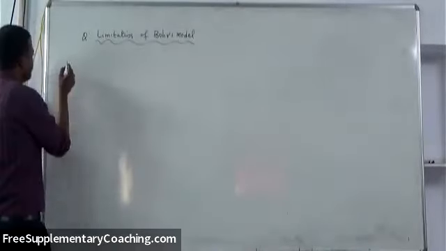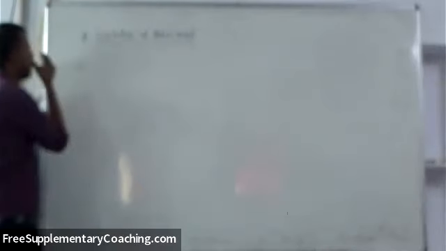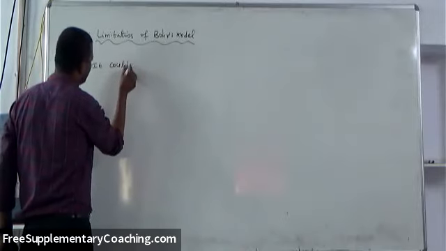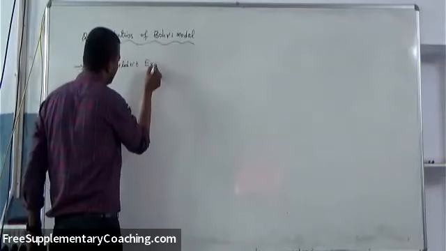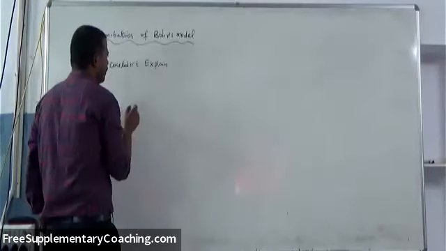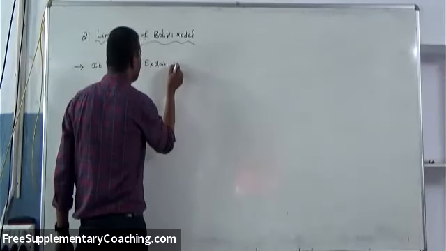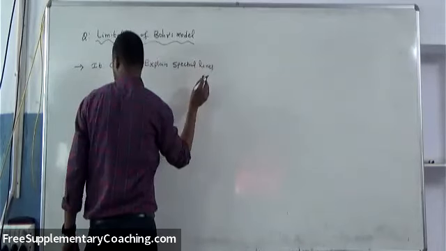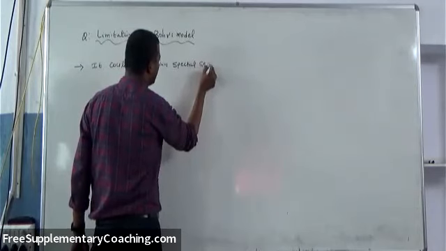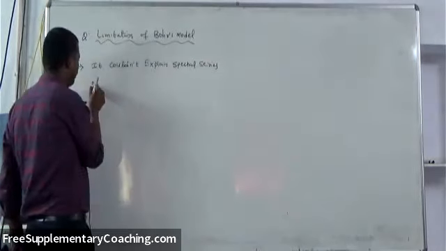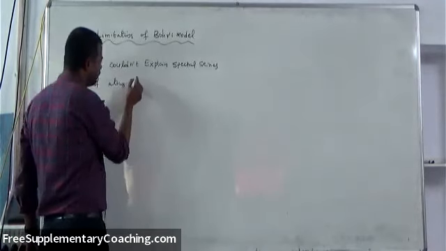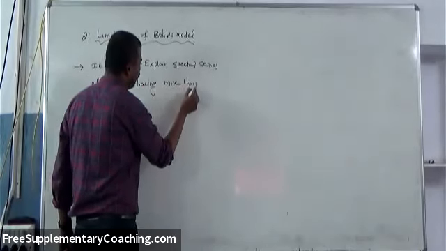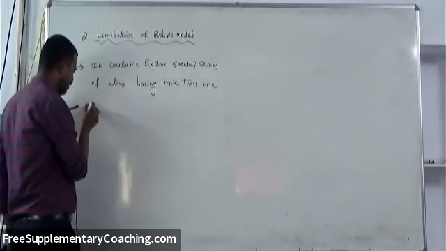First one: it could not explain the spectral series of atoms having more than one electron.